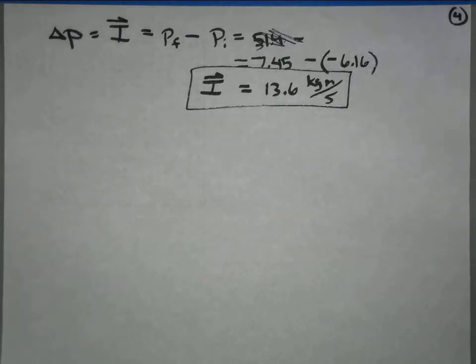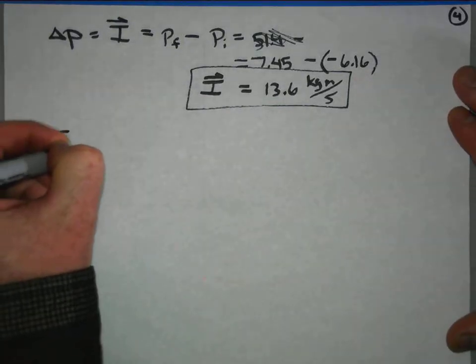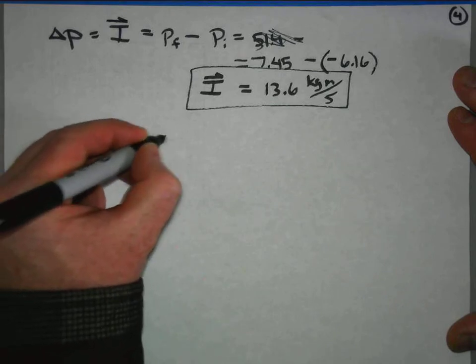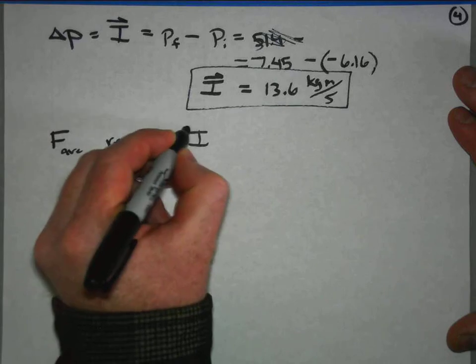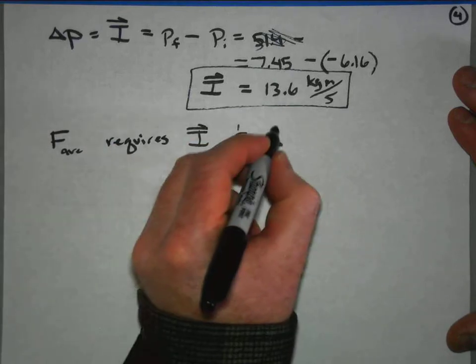And then you would say to yourself, of course, the next logical step is going to be, what is the average force acting on the ball? In order to find that average force, it requires that we know the impulse, and we do, but it also requires that we know the time interval.